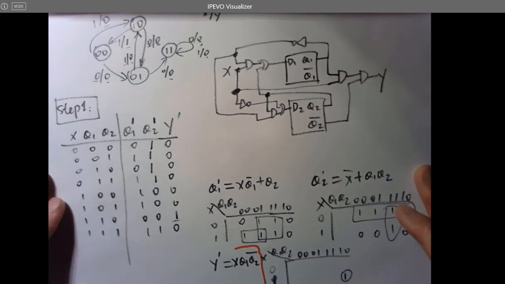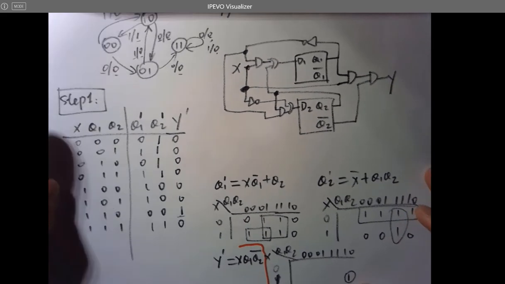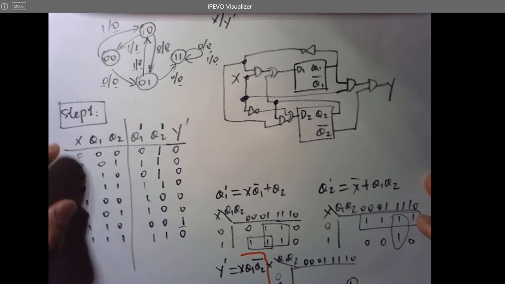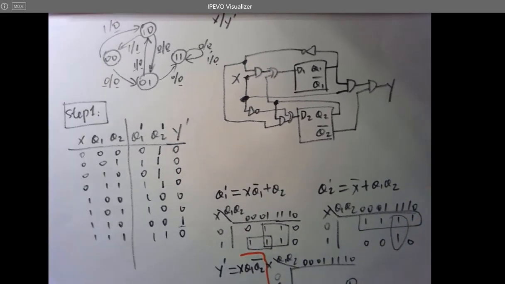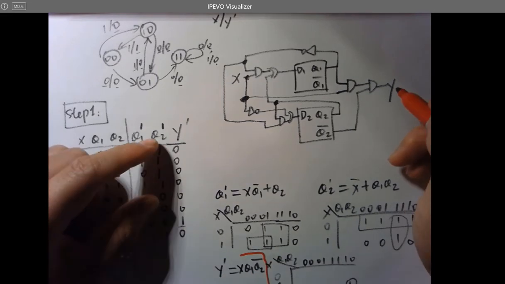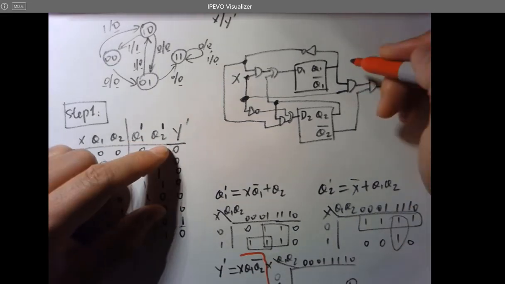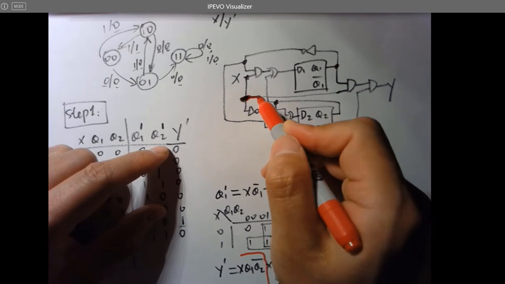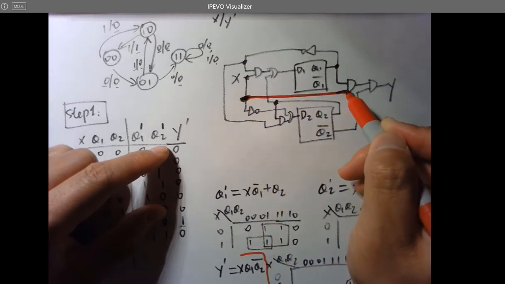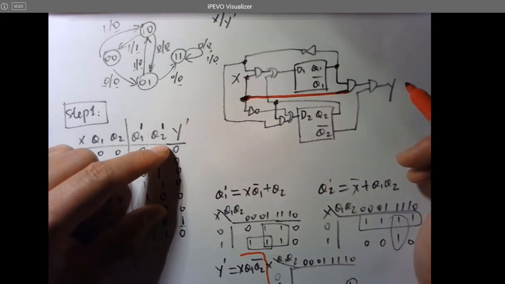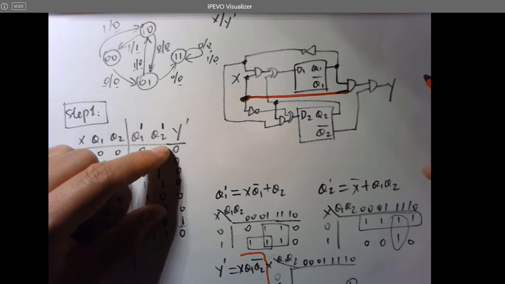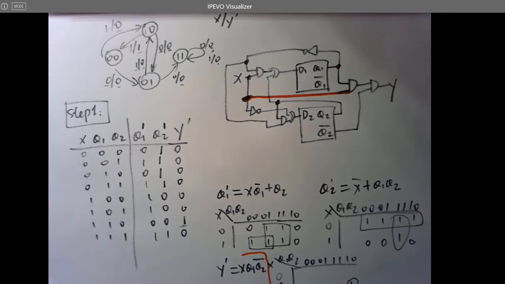Okay, so that's the final sequential logic, and you can actually tell the difference because it's a Mealy state machine: the final output doesn't only depend on the states, not only the Qs, but also X. You see, X is being fed forward directly into the combinational logic of the output. So that's why this is a Mealy state machine.